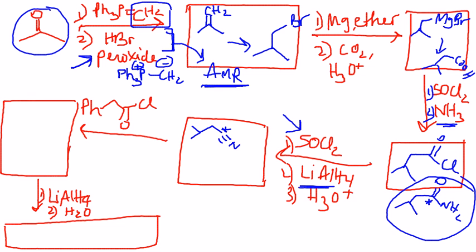So you should get an amine. And that amine, upon treatment with the acid chloride, should give you an amide, PhCH2C=O, NH, and then we have CH2, CH2, that's your molecule.